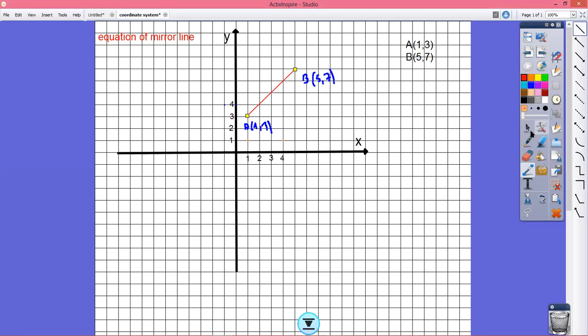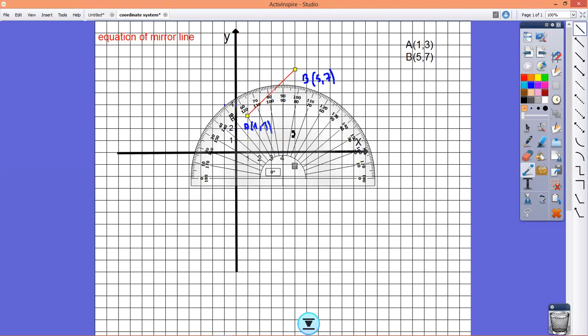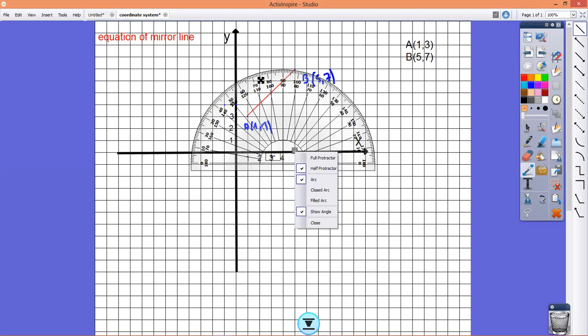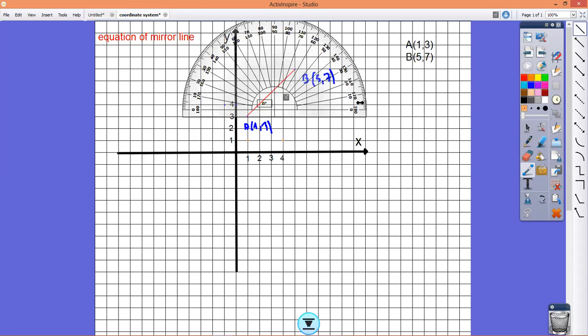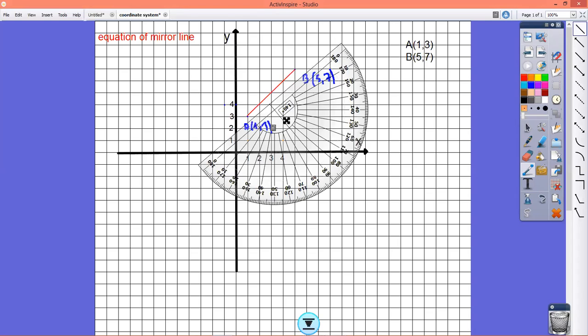Okay, taking our protractor. Let's make it like this one. First, we should find the middle.